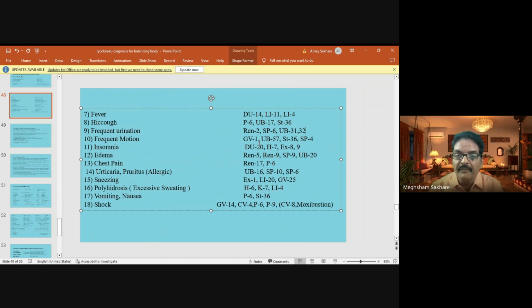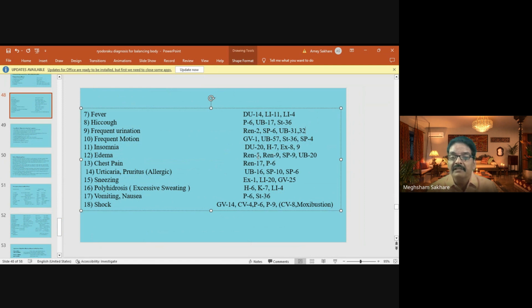Frequent motion: GV1, UB57, stomach 36, SP4. Insomnia: GV20, H7, extra 8 and 9. Chest pain: CV17, P6. For edema, REN 5 and REN 9.